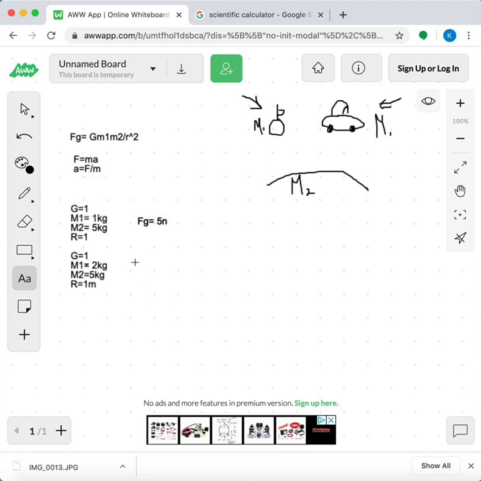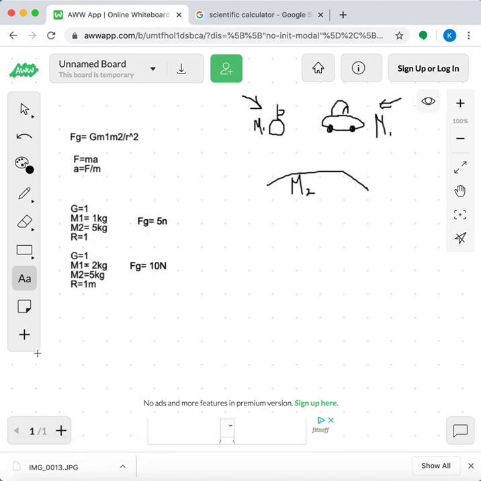And for the second situation between the car, I end up with 1 times 2 times 5, which is 10, and then divided by 1 squared again. So the force of gravity between the car and the Earth is 10 newtons. So as we can see, increasing the mass of the object does increase the size of the force between those two objects.